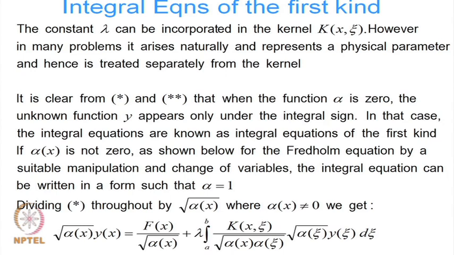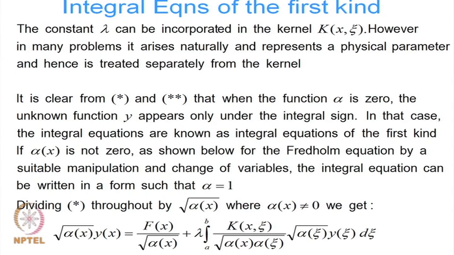The constant lambda can be incorporated in the kernel k(x, ξ). However, in many problems it arises naturally. It turns out that when we model a physical problem using integral equations, there is a physical quantity like lambda which has a physical meaning. So it makes sense to separate it out, because the value of lambda might be measurable from experimental data.